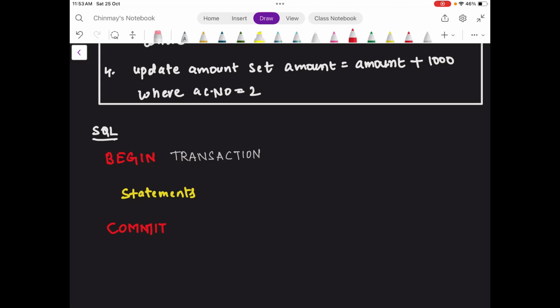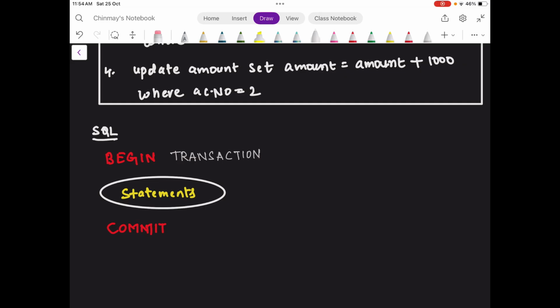In this way we initiate a transaction in MySQL. Begin transaction means the database will understand that what follows can be treated as a single action. You write all the statements here, select, insert or update, and finally it will be commit. When the commit is executed, the database understands that the action is completed. One transaction is completed. This is about the transaction.